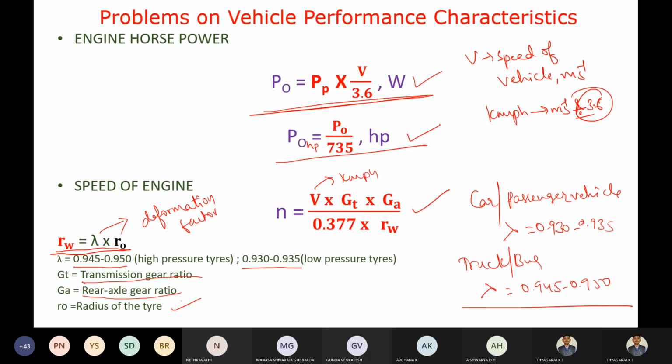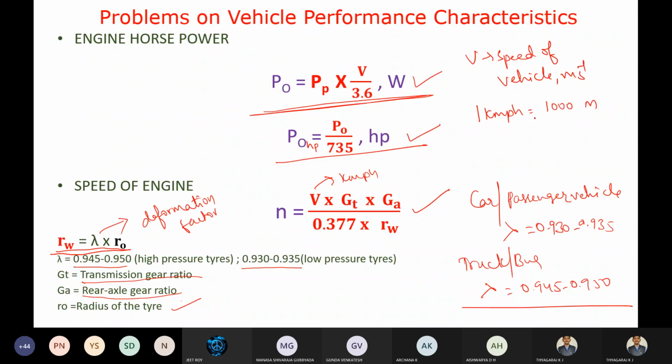Kindly leave a message. If it is completed, we will go for the problem. Can you please repeat the conversion, kilometer per hour to meter per second? I will tell you. So 1 kilometer per hour. Converting kilometer to meter, it is 1000.